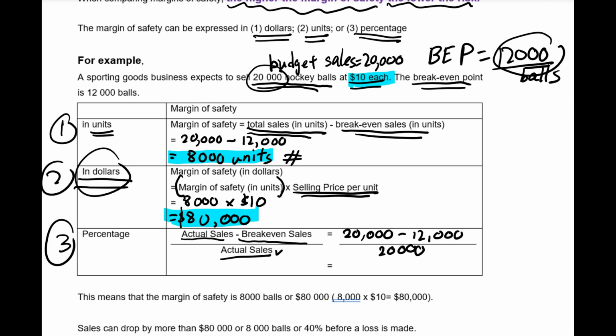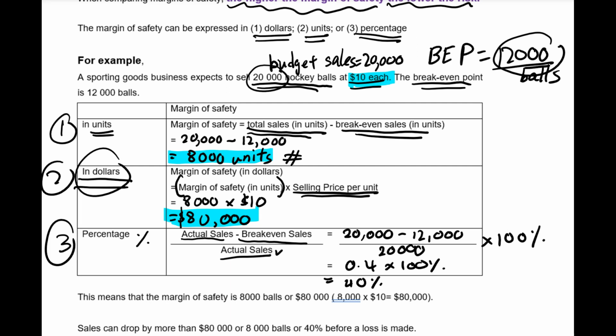So 20,000 minus 12,000, you will get 8,000. 8,000 divided by 20,000, you will get 0.4, which is 40%. If they ask for percentage, you have to multiply by 100%. So your margin of safety in percentage is 40%.